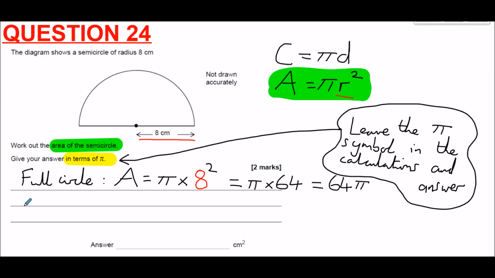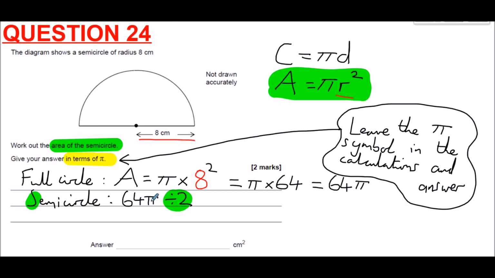But because it's a semicircle, semicircle means just half of a circle. So we take the full circle, and to make half of it, we're going to divide by 2. So because it's a semicircle, we're going to take the full circle and divide by 2.